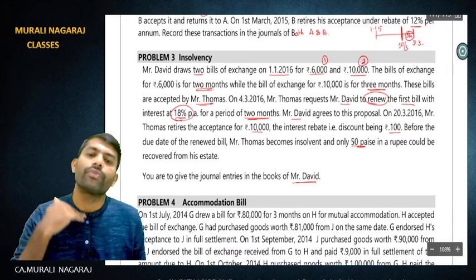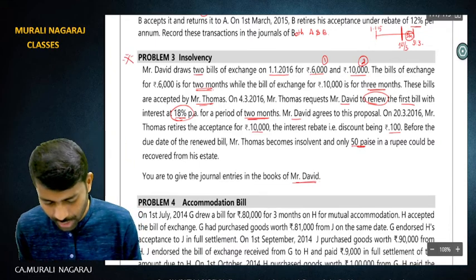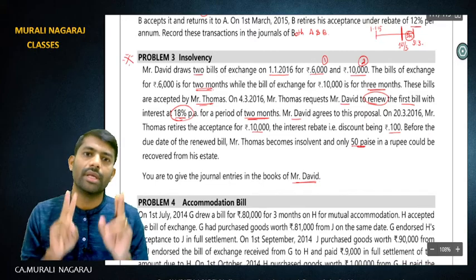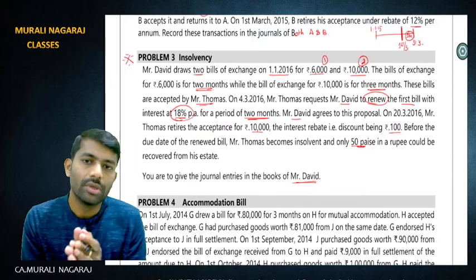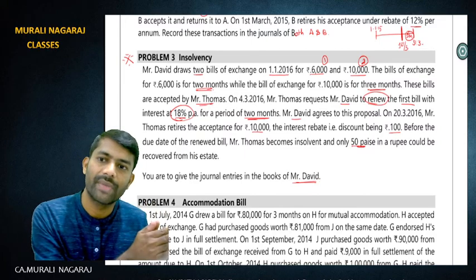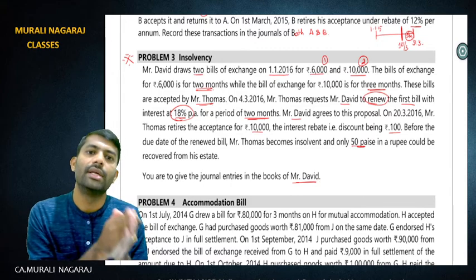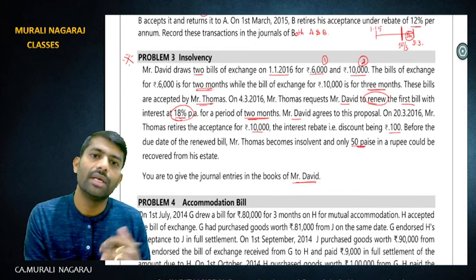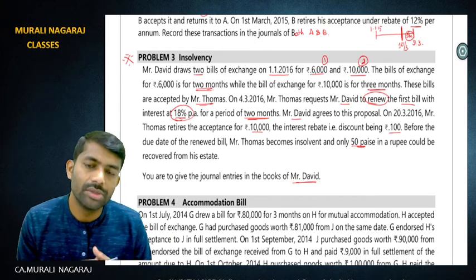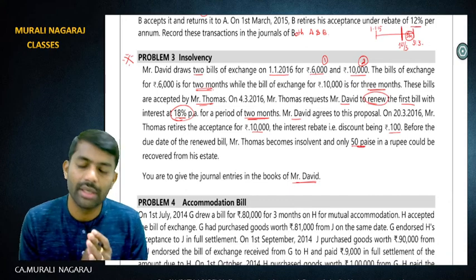So in the same problem, mark this as highly important, there are two bills. One bill is 6,000, one bill is 10,000. The 6,000 bill is 2 months duration, the 10,000 bill is 3 months duration. Bill 1 on the maturity date was renewed at an interest of 18%, and ultimately he became insolvent. 50 paise has been recovered from bill 1 including interest.